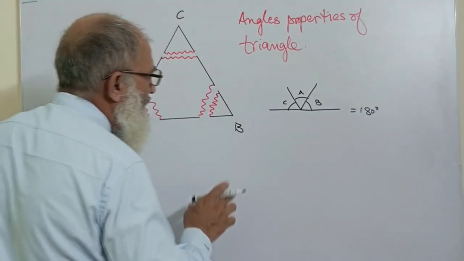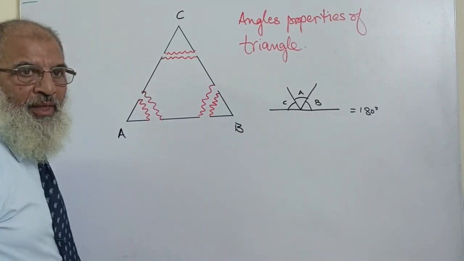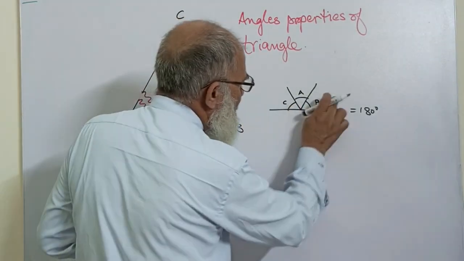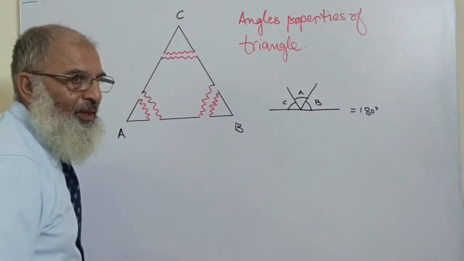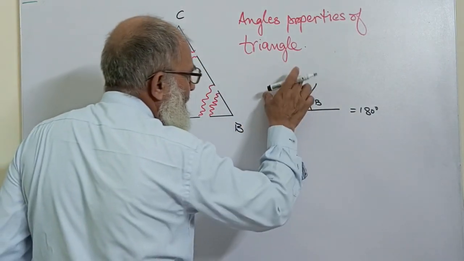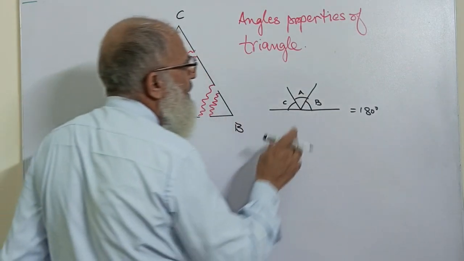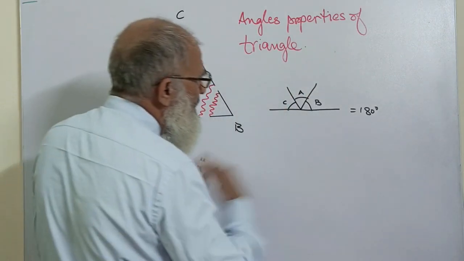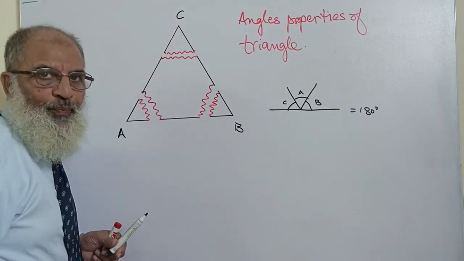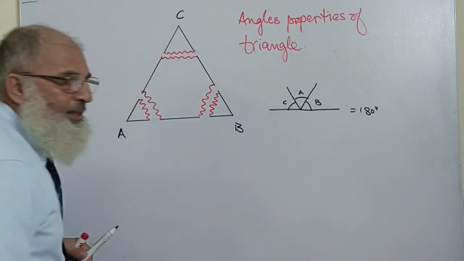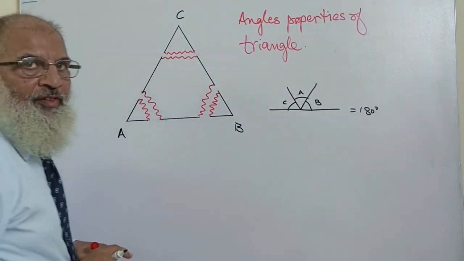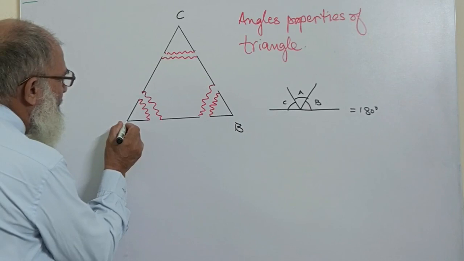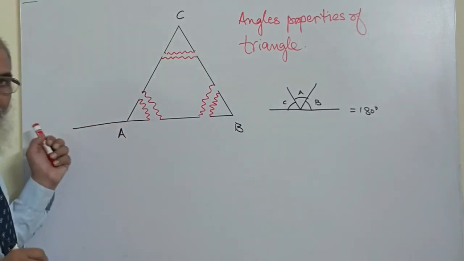Now, one more thing comes to my mind. If this angle plus this angle, or this angle plus this angle, and all the three angles are 180 degrees, then it means that the sum of two angles is the supplementary of the other angle, and you can see it if I extend this line from here.